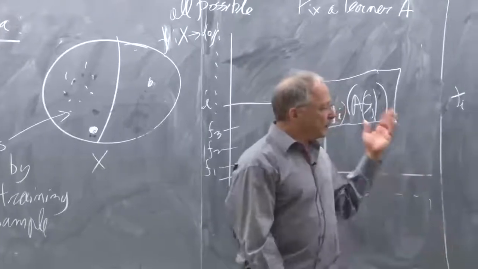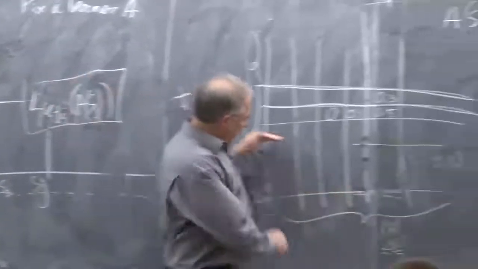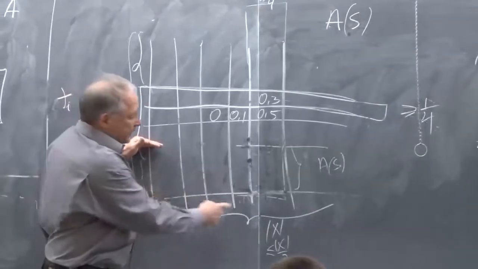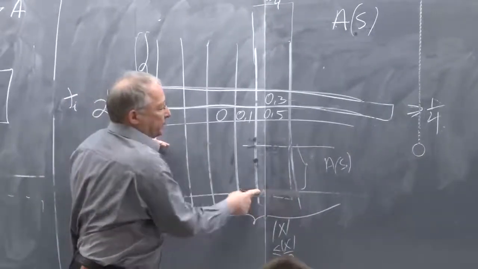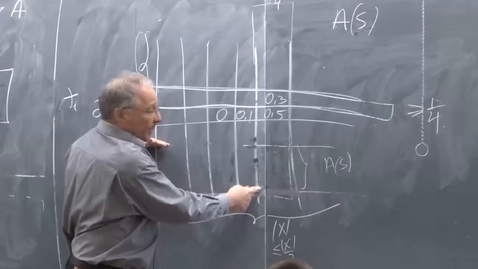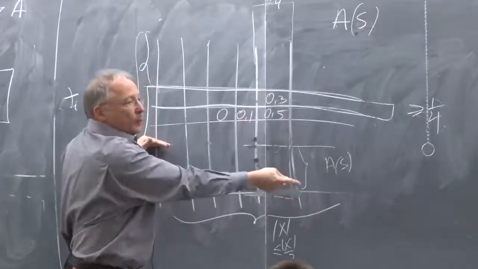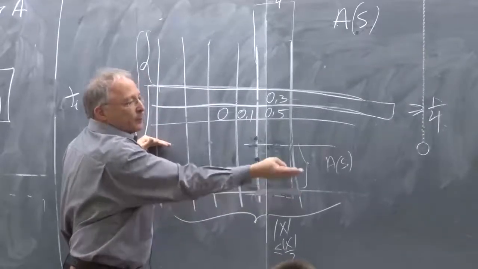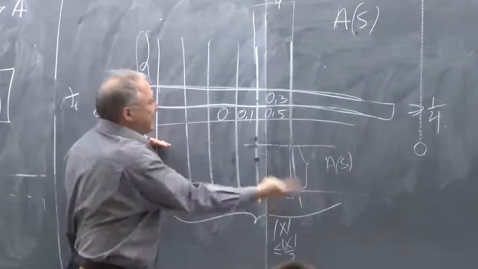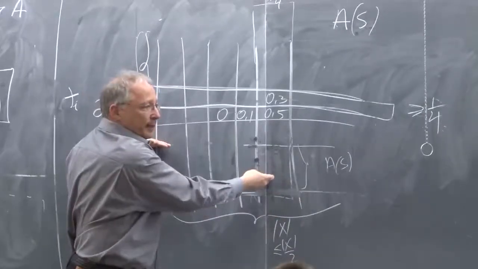Because if I allow all possible functions, even when I just look at functions that do the same thing over the input that my algorithm saw, half of them will say 1 and half of them will say 0 on the rest of the points. And you will see a point in the rest with probability half.